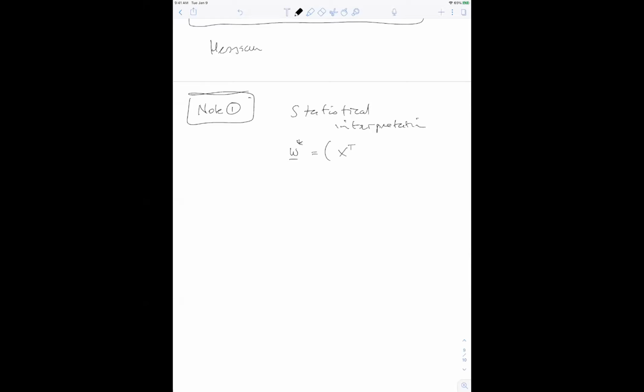And remember, we said that it's given by this. If you want to read about this, I'm just going to leave it as a teaser. It's out of scope for our class, I believe. But this is what's known as a BLUE estimator. It's the best linear unbiased estimator for the problem. Out of scope, but if you want to read more about that, you can. So we'll just say it's a good statistical estimator.